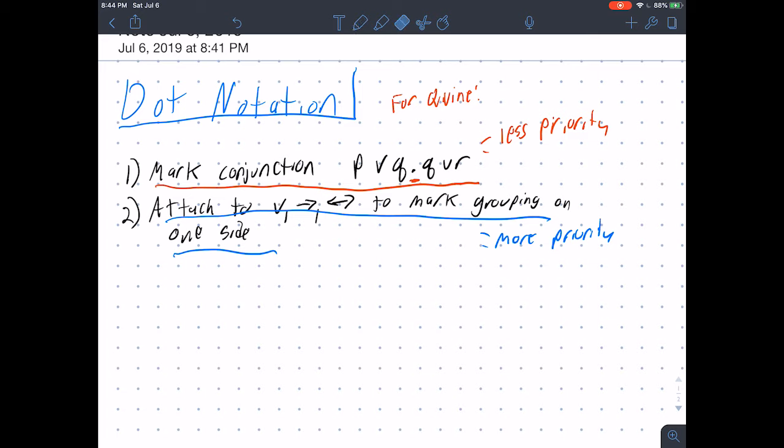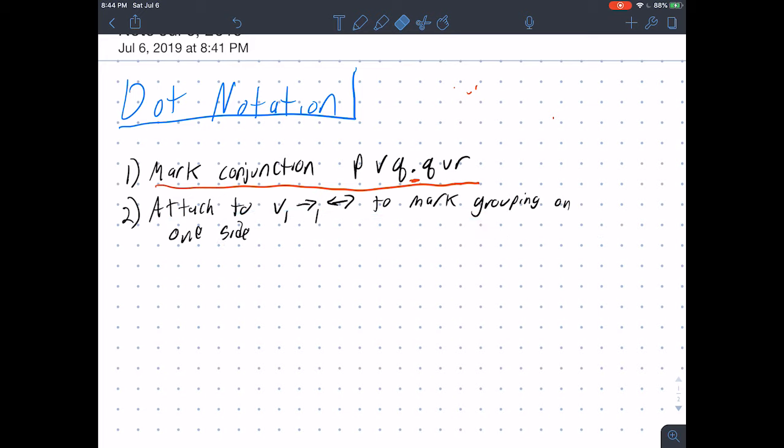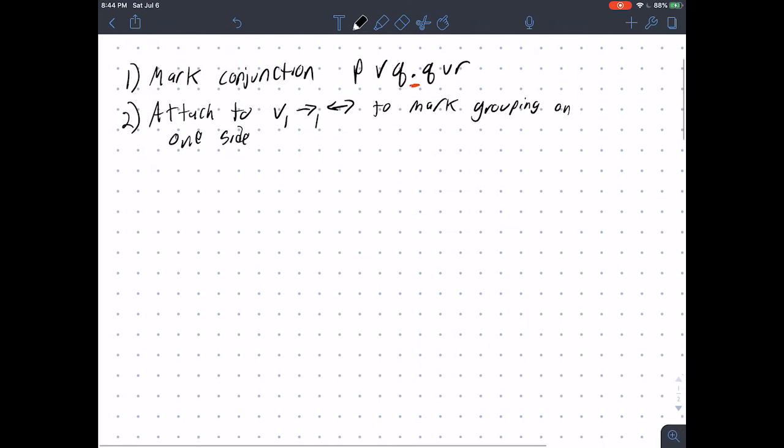But we're just ignoring that. So instead of taking that as a rule, I'm just having you use the dots to mark priority, like evenly. So I'll explain that. Probably confused a bunch of you, but I'll try to explain what I mean with an example.